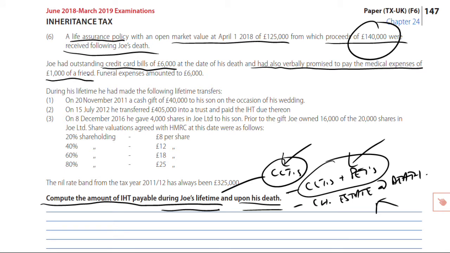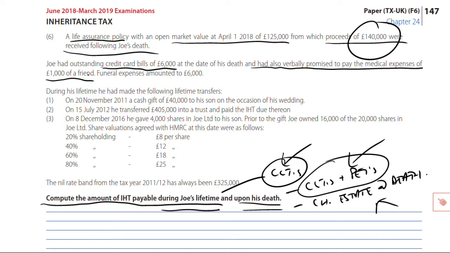That is not an allowable deduction. That is not a legally enforceable debt. Again, if any of the beneficiaries want to respect the wishes of Joe, and here presumably the son, and pay that £1,000 out of their legacy to the friend, then so be it. But there's certainly no allowable deduction here in determining what is chargeable to tax.